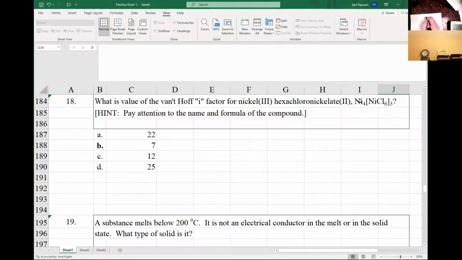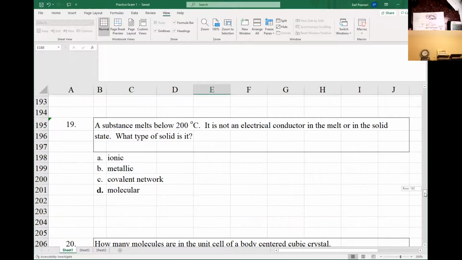So if I look at this, I've got 4 cations and 3 anions. 4 plus 3 equals 7. So the Van 't Hoff I factor would be a 7 for this molecule. So there's 4 cations and 3 anions. 4 and 3 is 7.